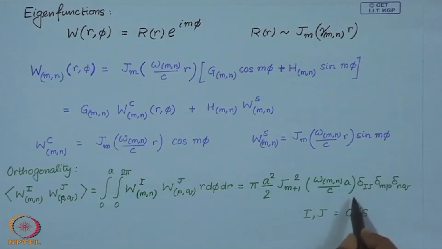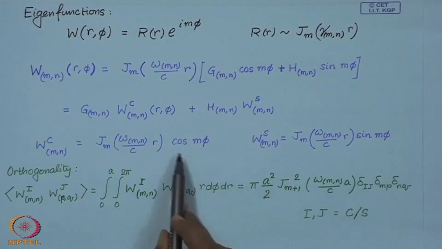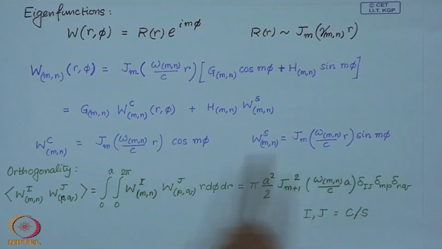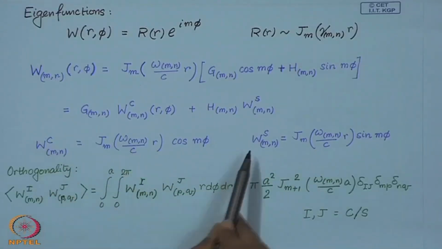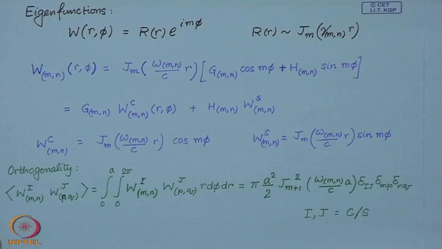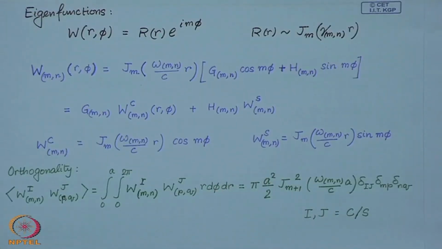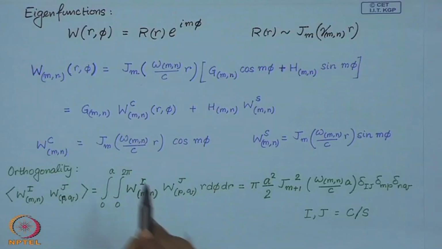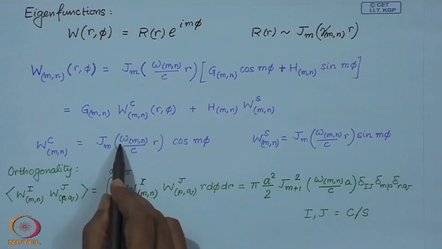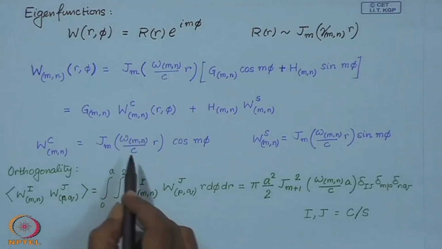So, you can see immediately from these two that W m n C and W m n S are orthogonal. These are orthogonal modes, and they are actually two distinct modes corresponding to a single circular eigenfrequency omega m n.